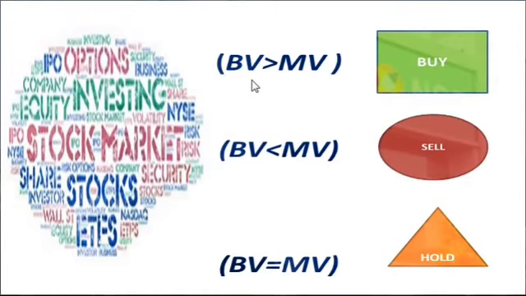Then we will see the situations. Book value is greater than the market value: this situation is called underpriced shares, so we need to buy. Book value is lesser than the market value: these shares are called overpriced, and you need to sell.